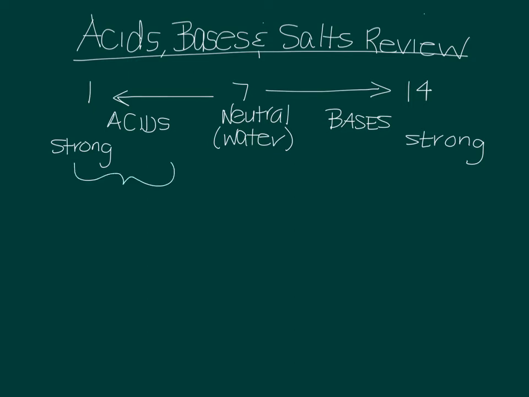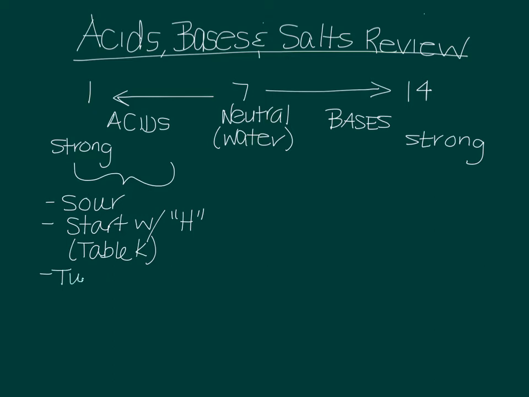We already said their pH is less than 7. They are usually sour. They usually start with H. We talked about that the other day in class, and we get this from table K. They turn blue litmus red, and we've used litmus already.